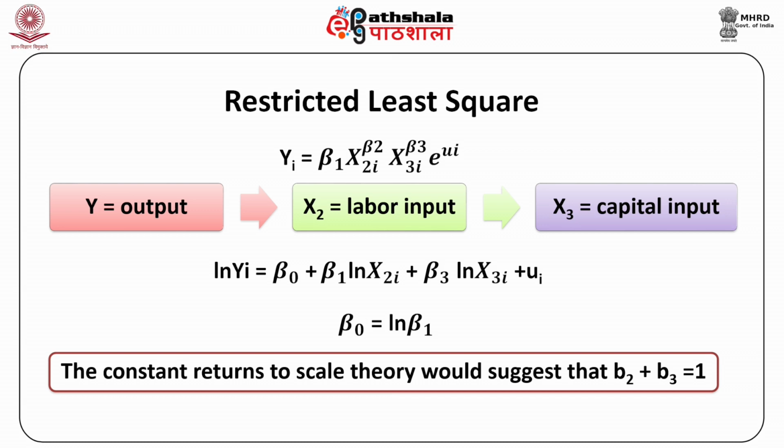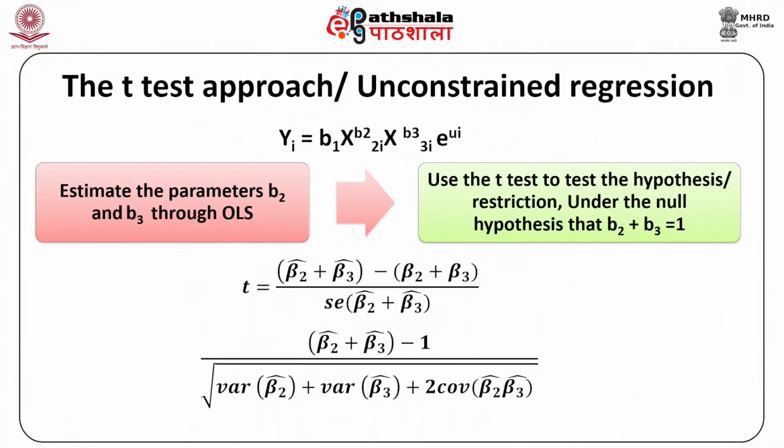The constant returns to scale theory would suggest that beta 2 plus beta 3 is equal to 1. This poses a linear equality restriction. There are two approaches for testing such restrictions: the t-test approach or the unconstrained regression.